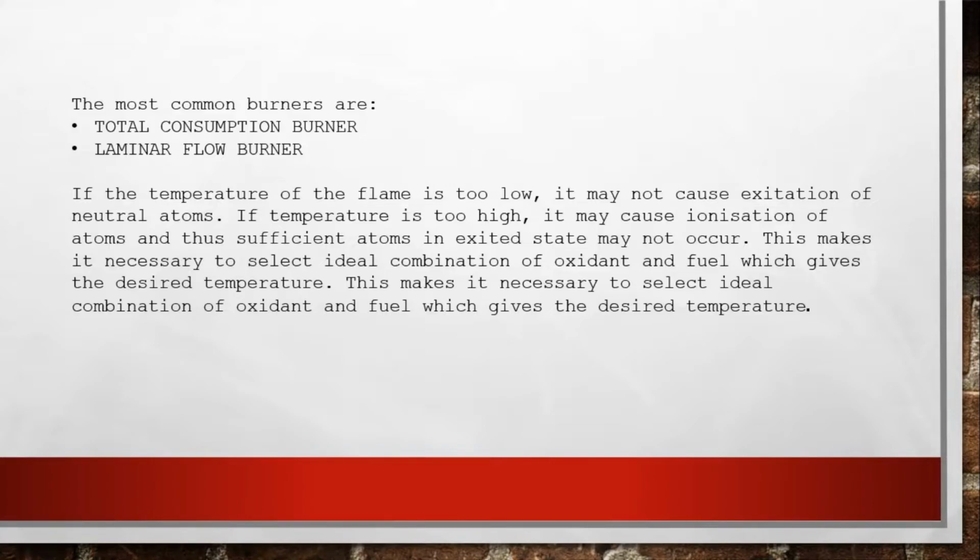If the temperature of the flame is too low, it may not cause excitation of neutral atoms. If the temperature is too high, it may cause ionization of atoms, and thus sufficient atoms in the excited state may not occur. This makes it necessary to select the ideal combination of oxidant and fuel, which gives the desired temperature.